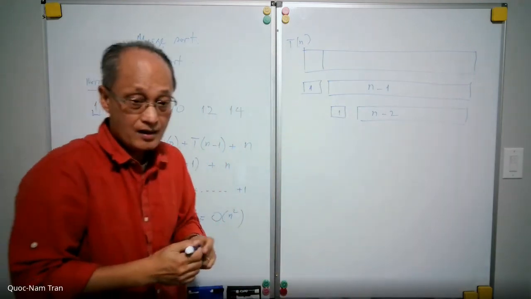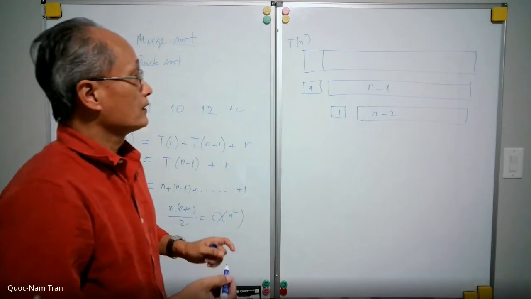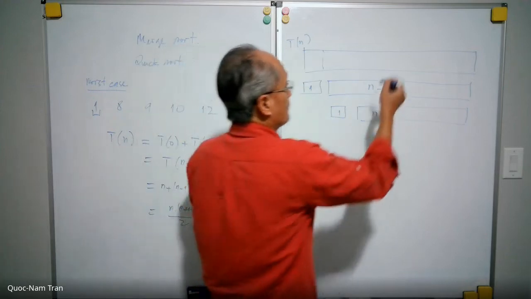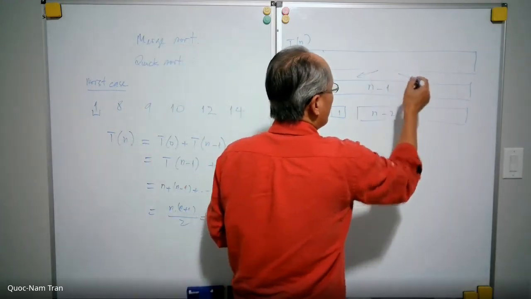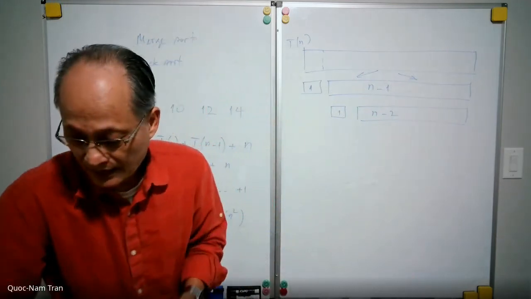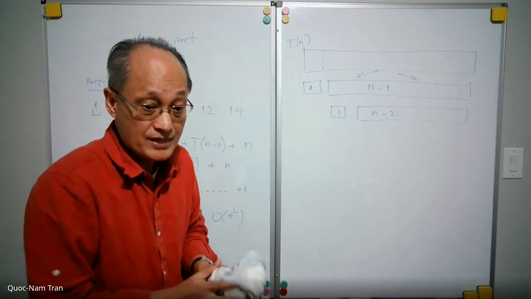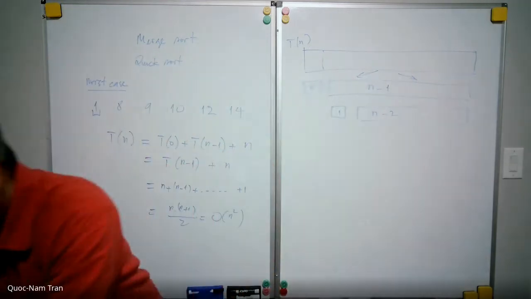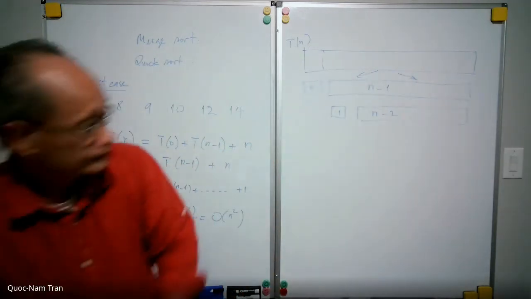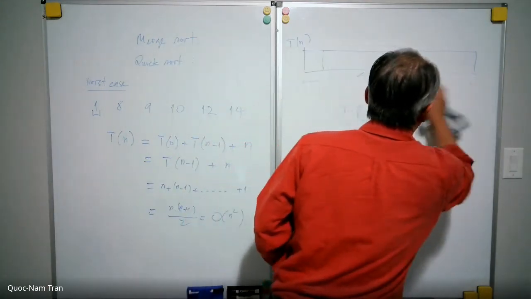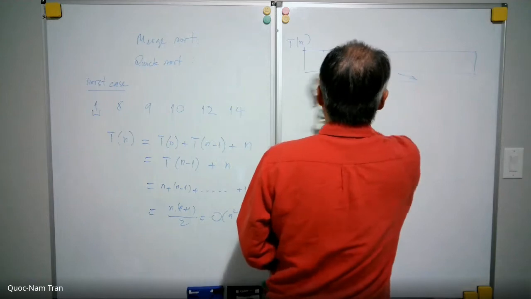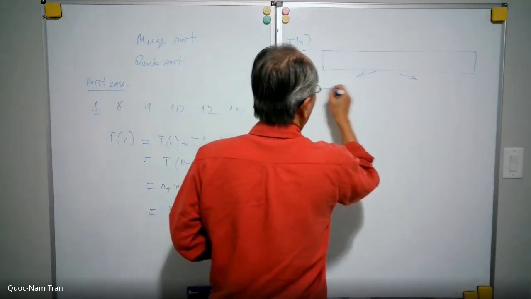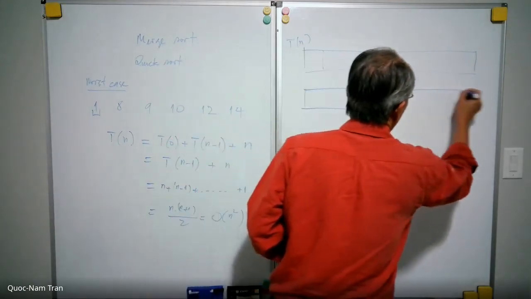So what is the best case situation? The best case situation is that when we have a list, the partition will give you two halves that have almost the same size. You have here the left and the right.